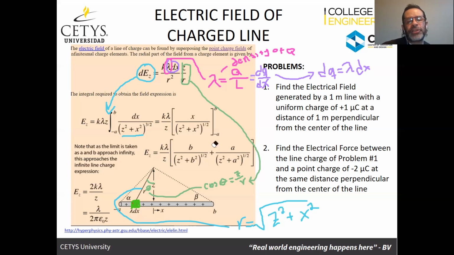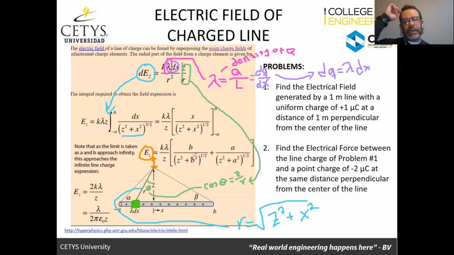This expression represents the total electrical field at a point located at a certain distance z from the bar. And it's going to be an electrical field that's going in this direction, which is this one here.